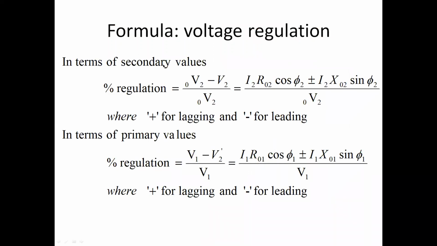Then see, this is your formula. As referred to the secondary side, here V2 at no load, your terminal voltage, you can replace by E2. I can take a copy of this here.